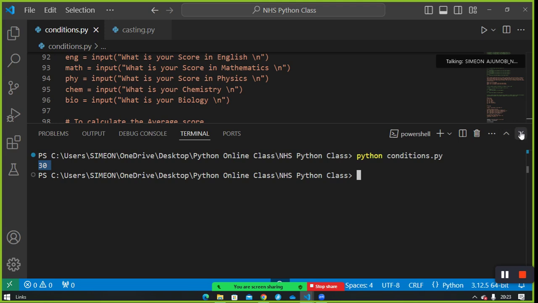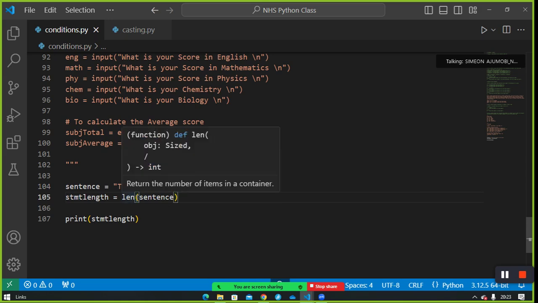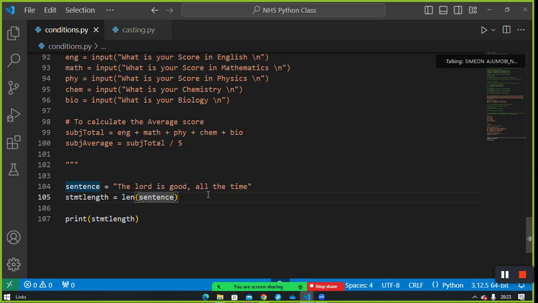What Python is telling you here is that if you count 1, 2, 3, 4 with the space, 5, 6, 7, 8, 9, 10, 11, 12, 13, 14, 15, 16, 17, 18, 19, 20, 21, 22, 23, 24, 25, 26, 27, 28, 29, 30 with space. Every letter here is 30 letters. And how did I know? I use the word called length function. Just like we use input function, there's something called length of sentence, length of word.